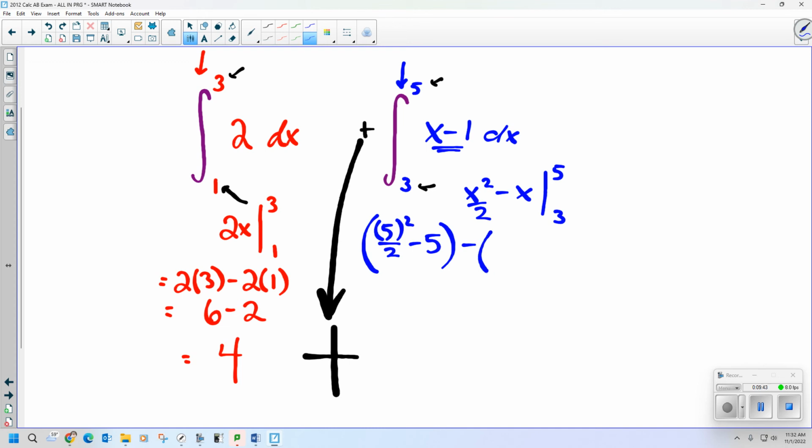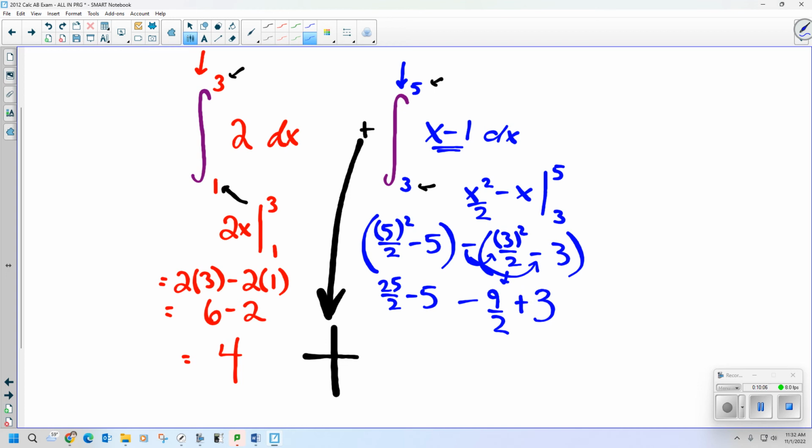Minus 3 squared over 2 minus 3. Okay. So I get 25 over 2 minus 5. This ends up being 9 over 2, but we need to distribute the minus sign to it, so it's negative. And then we need to distribute the minus sign to this, flipping it to positive 3.